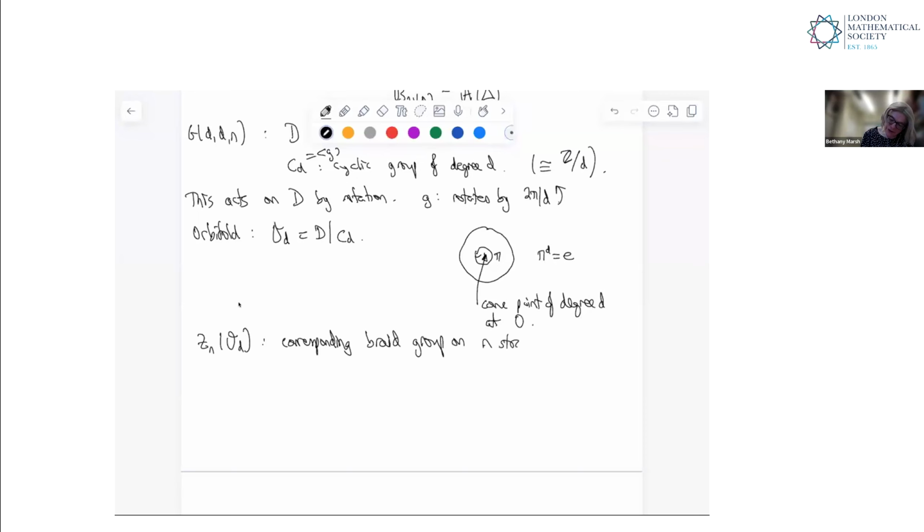This can also be defined as a fundamental group of n-tuples in O_D. But it's probably more helpful to talk about the diagrams as Francesca did. So we can visualize elements in the following way.